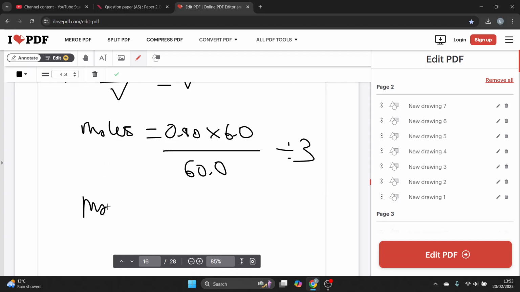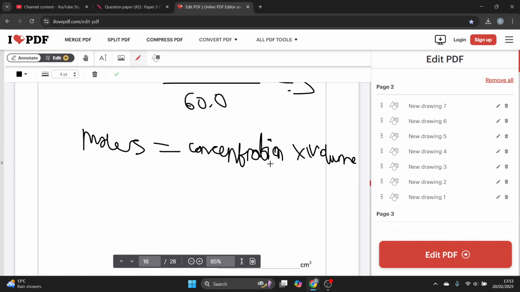Moles equals concentration times volume, therefore volume is moles divided by concentration.